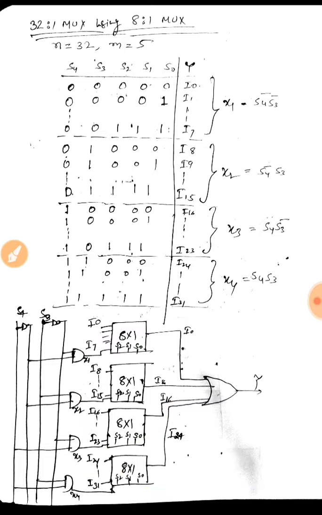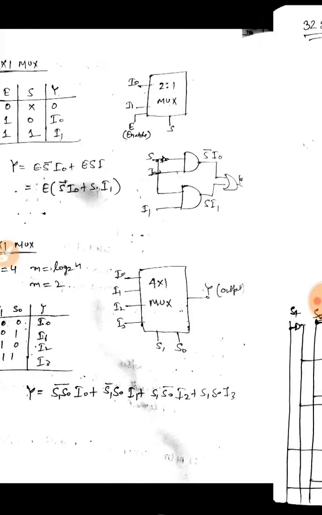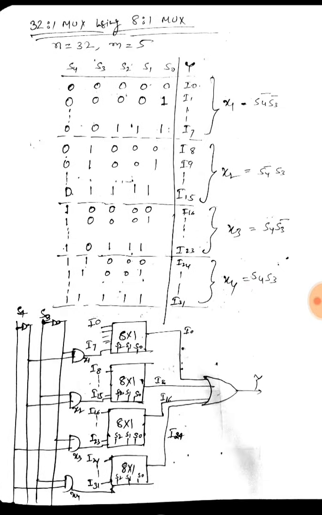So I need some combinational circuit to enable these circuits for a particular combination of select lines. So I will use these 2 select lines to enable these 4 8:1 mux.